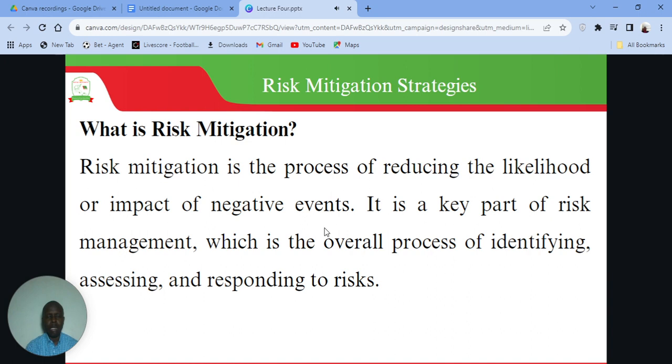We are simply saying mitigation is all about reducing the likelihood or impact of negative events, and negative events are the negative risks that might occur. It is also a very key part of risk management.